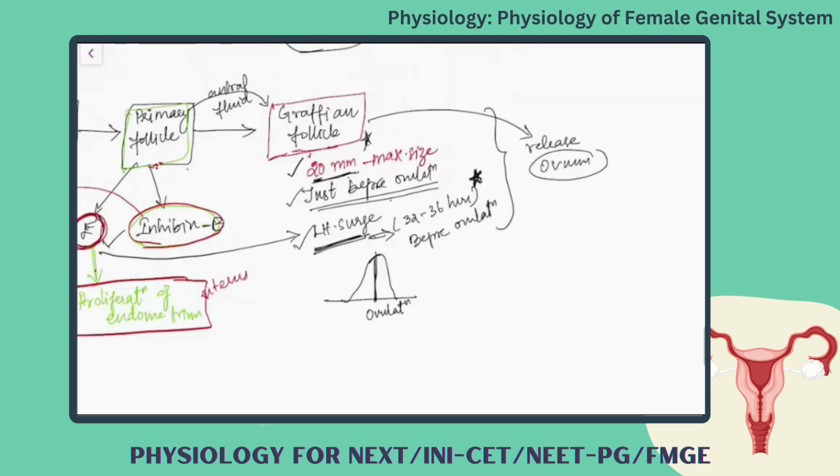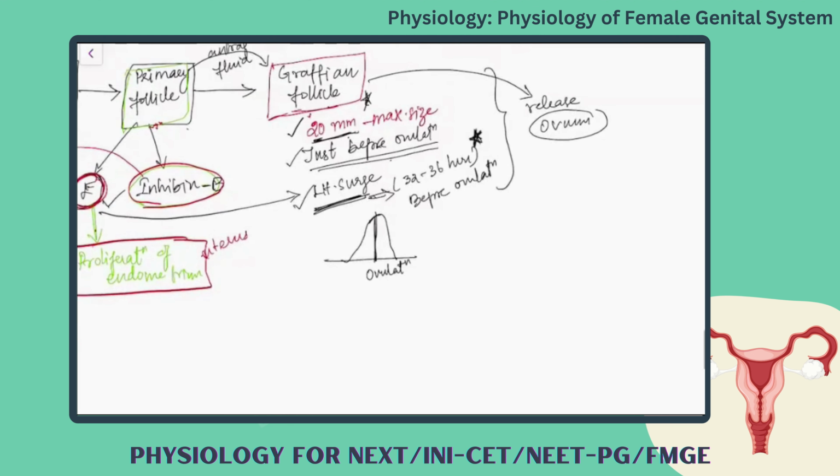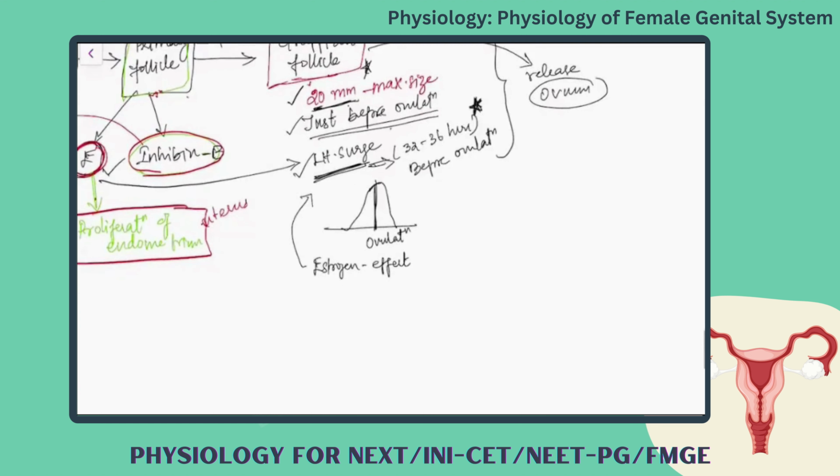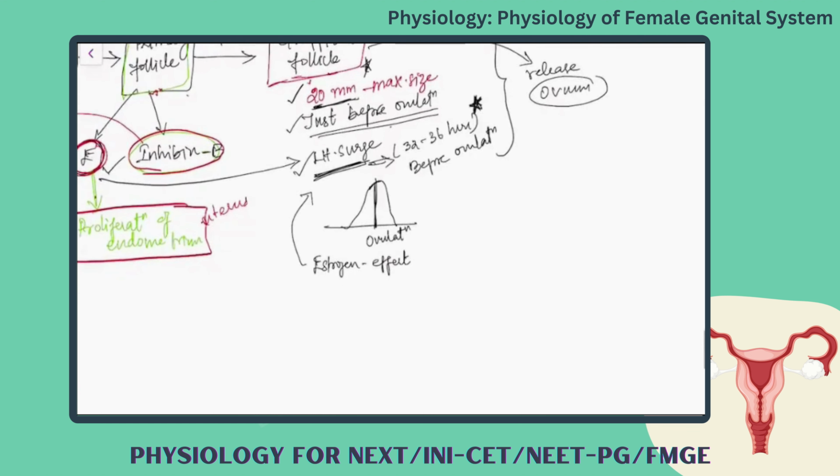And here we have seen the estrogen effect to get the LH surge. So what is the maximum concentration of estrogen you can see during the LH surge? It is 200 picogram per ml.